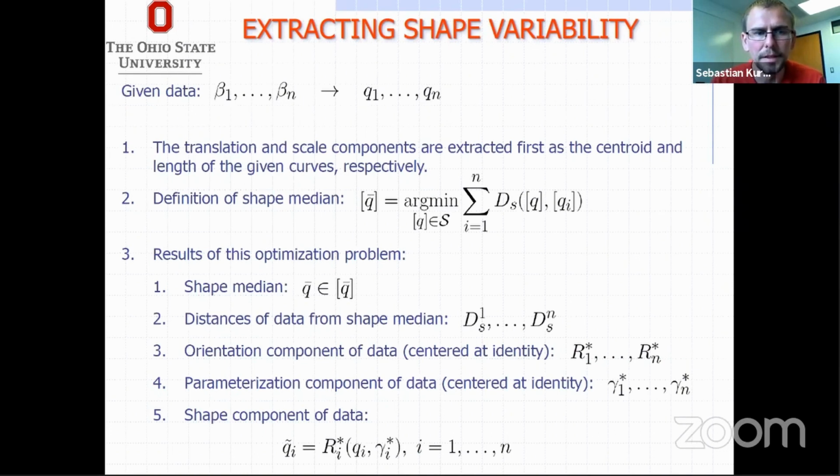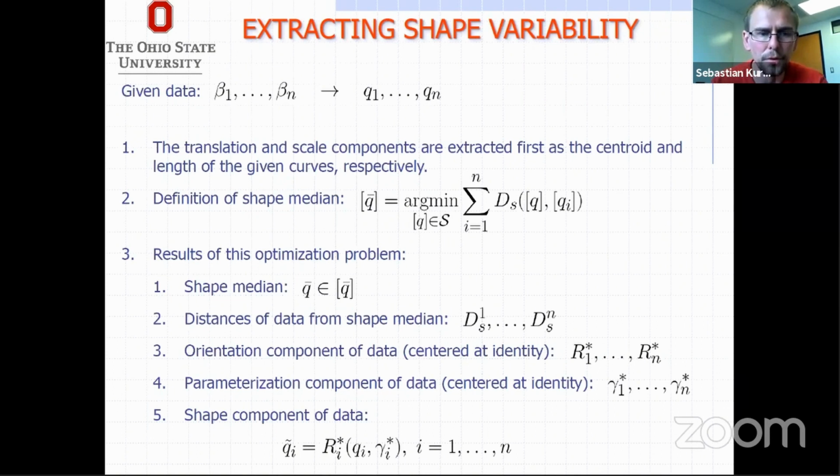Once we do this, we can compute what I'm calling here the shape median, which essentially is the minimizer of the sum of distances from all of the data observations in our data. And so the result of this optimization is the shape median, which here I'm calling Q bar. It's just, as we select a single element of this entire equivalence class for the display.